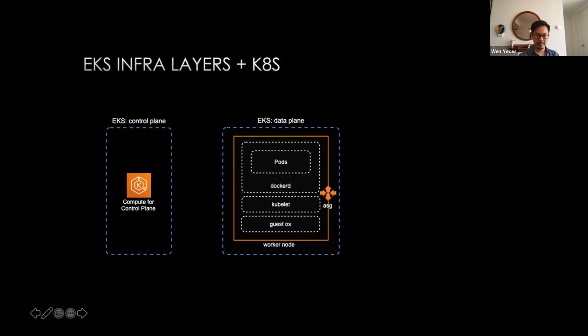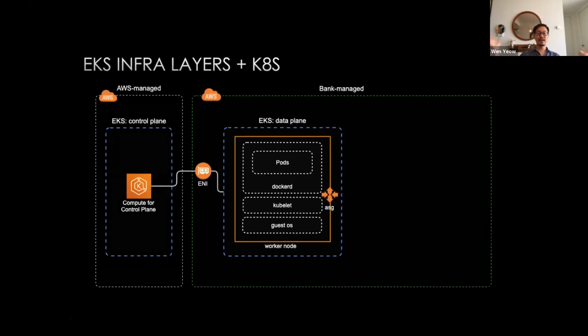And within the worker node, you have the guest OS, which is the base of the bank's AMI. We have the kubelet, we have the Docker daemon, and we have the pods. Yeah, and it's auto scale across, so we have like auto scaling groups per availability zone, because we would like to target stateful workloads in the future. I don't have a diagram here, but yeah.